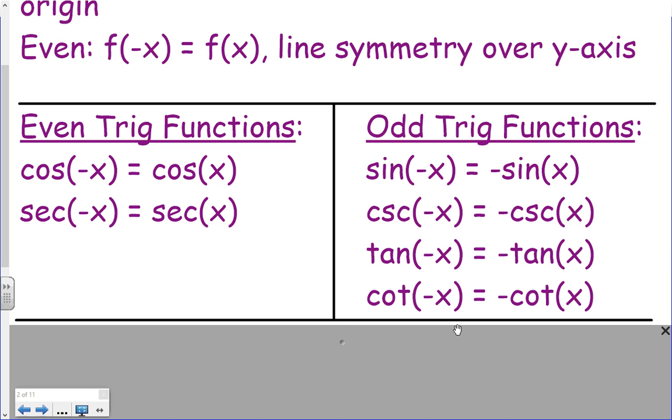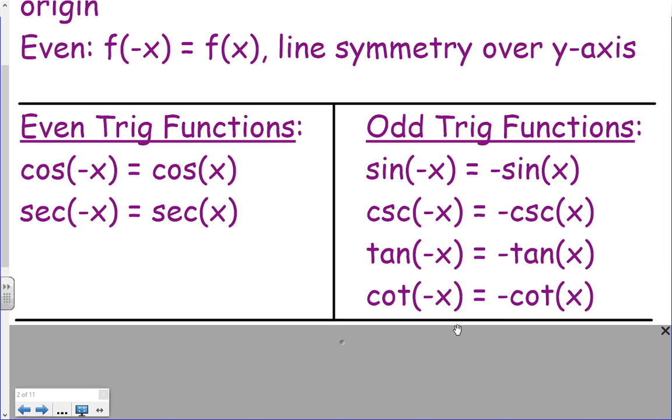Cosine of the opposite of x is equal to cosine of x, and the reciprocal of cosine is secant, so secant is also going to be an even function. Secant of the opposite of x is equal to secant of x. If you think of your graph of the cosine function, or the secant function for that matter, the graph has symmetry across the y-axis. If you do a horizontal reflection across the y-axis, you'll end up with the exact same graph that you started with.